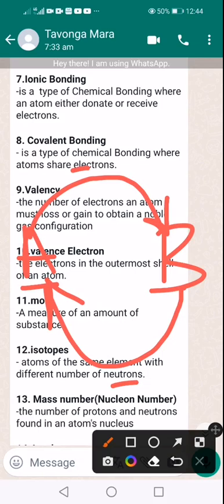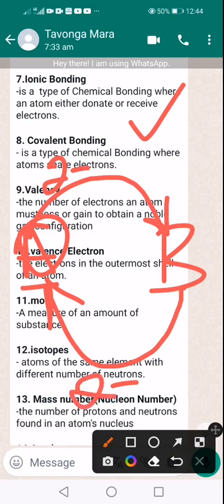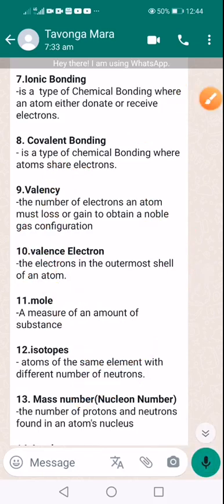In other words, covalent bonding is just sharing of electrons between atoms. If atom A gives 2, atom B is also going to give back 2 electrons. That is covalent. So the difference between covalent bonding and ionic bonding is that ionic bonding is when an atom either donates or receives, but covalent is sharing of electrons between atoms, right?